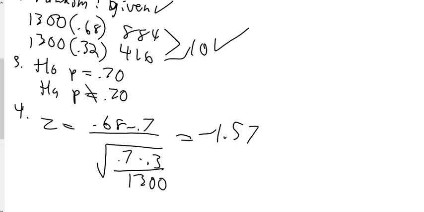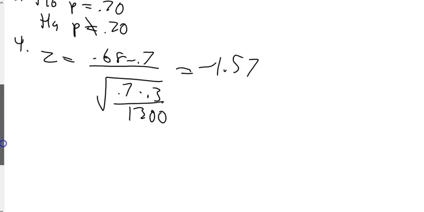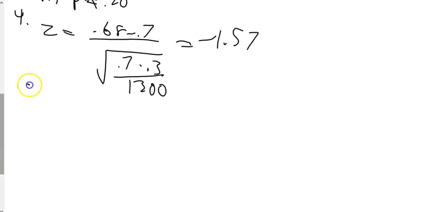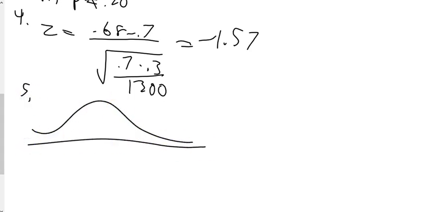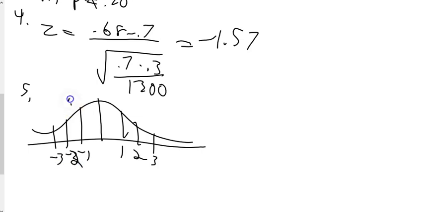Which kind of leads me to the shortcut I was talking about in the last problem. So on number 5, we make our little graph right there. And we go 0, 1, 2, 3, 1, 2, 3. See how much I measure? -1, -2, -3. Okay, so where's -1.57? I don't care, it's right about here. Mark, shade. That's about as exact as it needs to be.